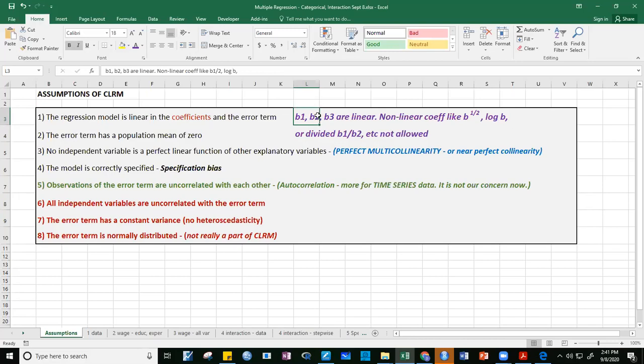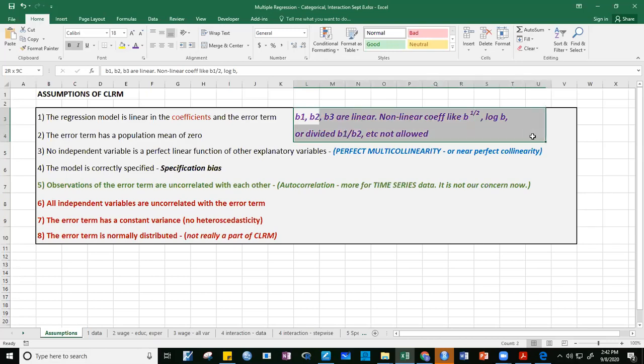Depende kung ilan yung independent variables. So dapat linear siya. Hindi pwede na yung coefficient natin is expressed in, for example, meron siyang root, B to the 1/2 or log of B or B1 over B2.